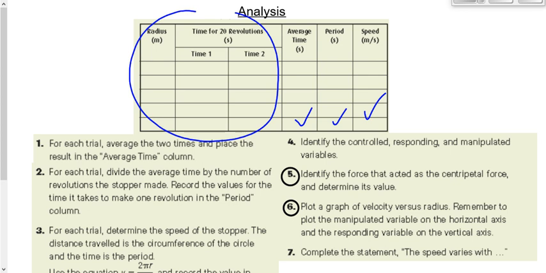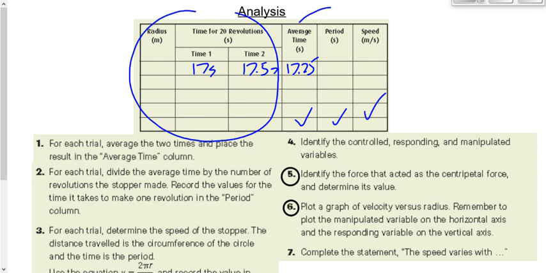Now, where are we going to get the information for these 3 last columns, the analysis columns, the average time? Well, this should be easy, right? The average time is just, sorry? Yeah, it's the mean of the 2, which is add them up and divide by 2. So if I got, let's say, 17 seconds, and I got 17.5 seconds, then the average time would be 17.25 seconds.